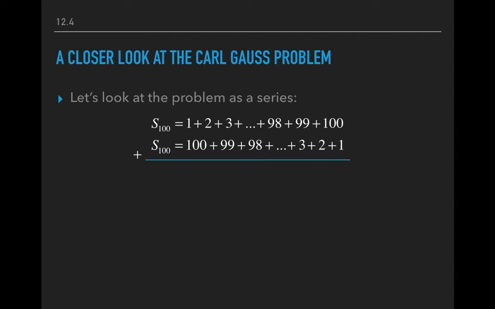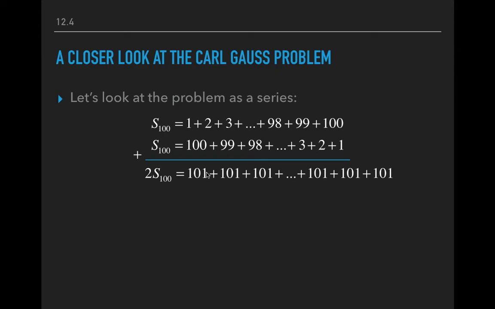What would happen if we do this? Well, on the right-hand side, it's going to be 101 all 100 times, because we start with 1 and 100, 2 and 99. There are 100 terms up here and 100 terms down here, and we're adding all of those 100 terms.